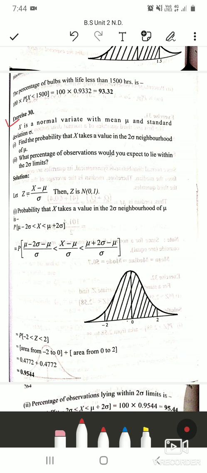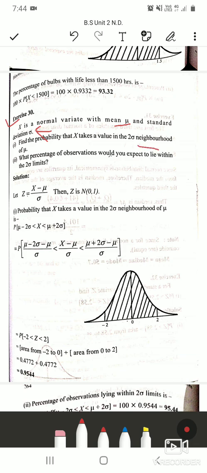In this question they have given x as a normal variate with parameters mean mu and standard deviation sigma. They have not given any numerical value for mu or sigma, but they have asked to find the probability of x lying between mu minus 2 sigma and mu plus 2 sigma.